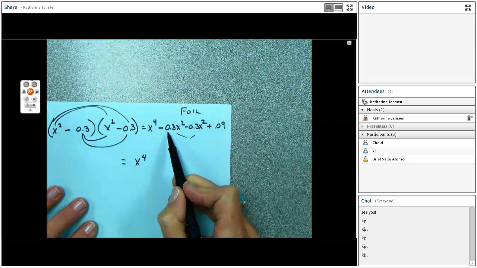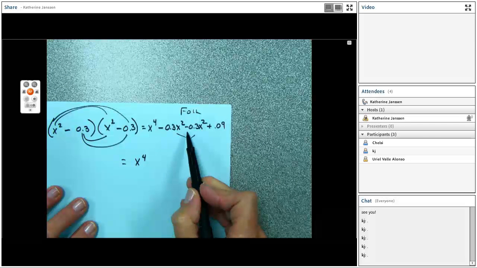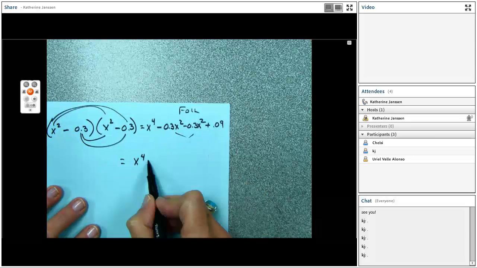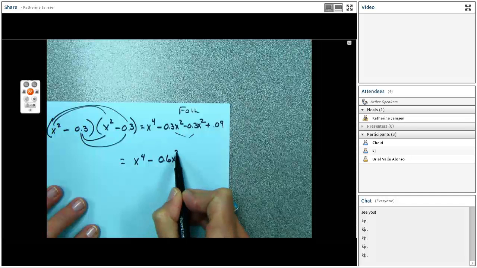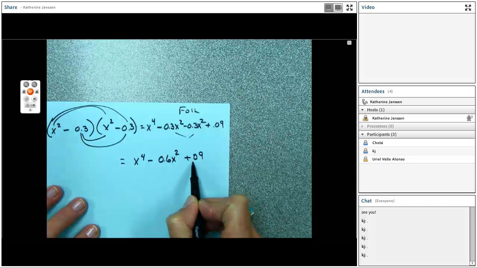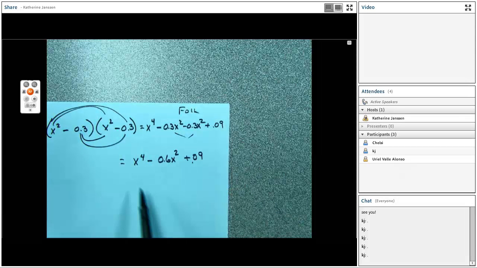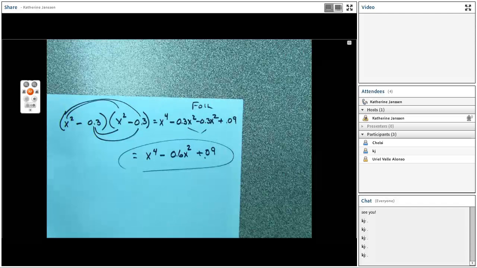And here I'll have a negative 0.3 x squared plus another negative 0.3 x squared for a negative 0.6x squared plus 0.09. So that is a pattern. We establish that pattern over and over and over again as a special product rule when we're multiplying a binomial times a binomial.